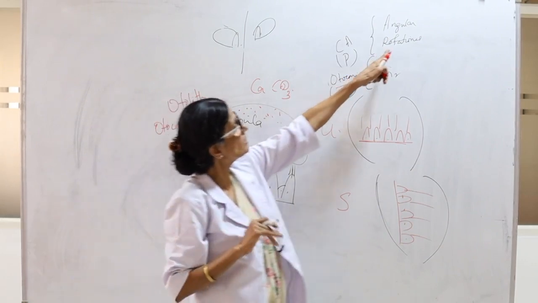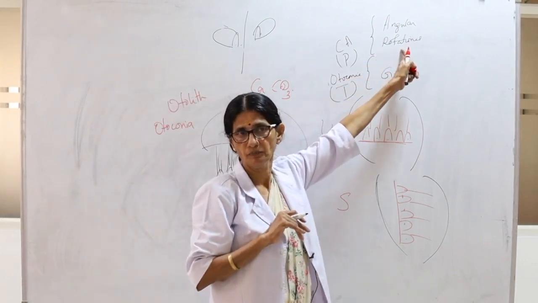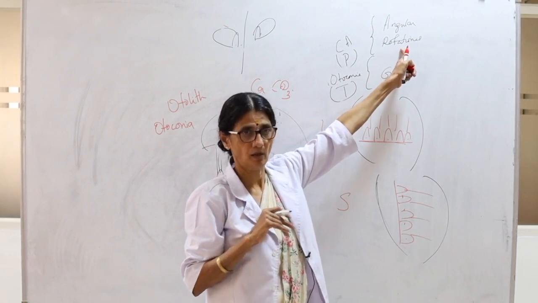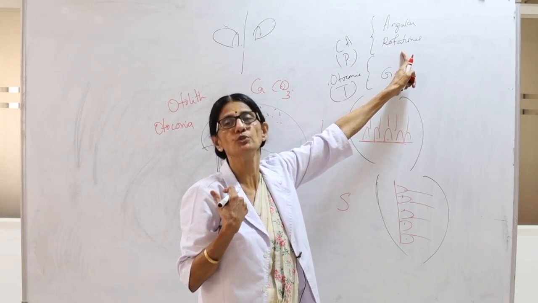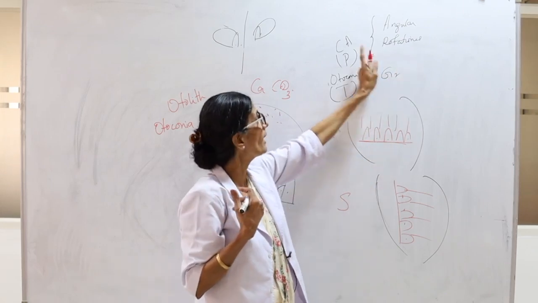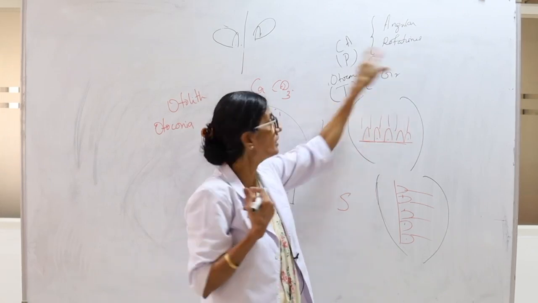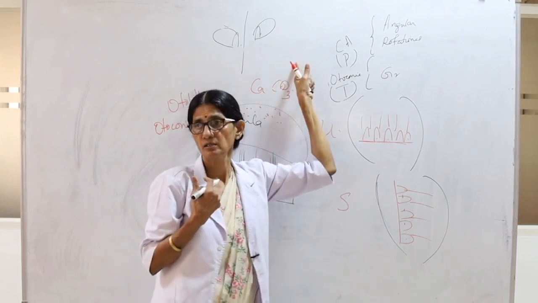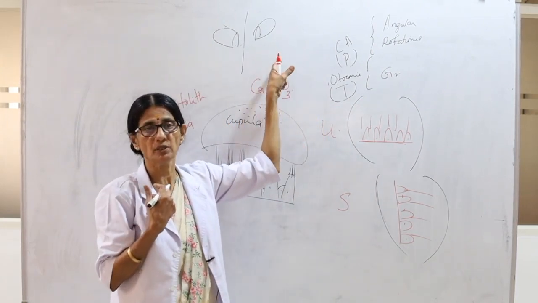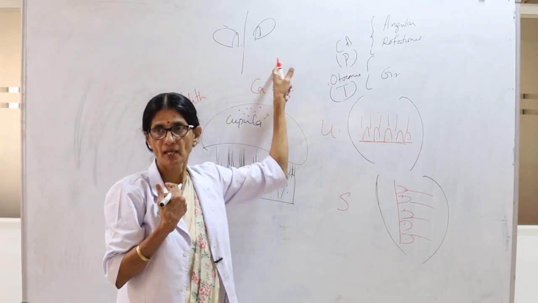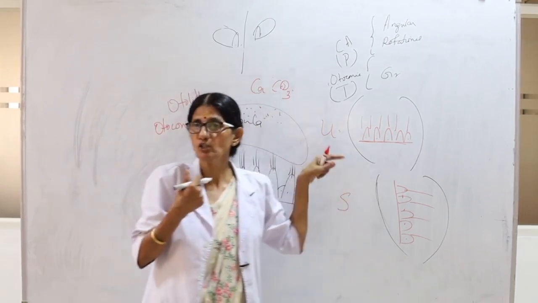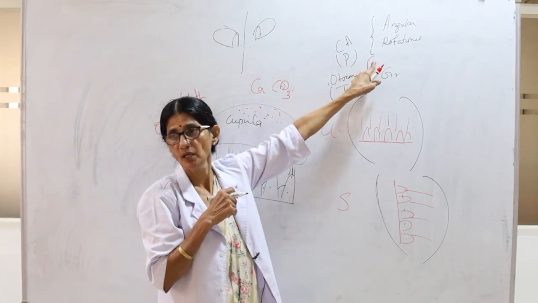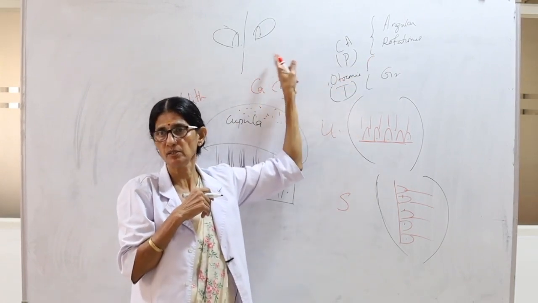Now when we consider angular acceleration, when a person nods the head saying yes, it goes in the anterior-posterior direction. That produces an angular acceleration that will stimulate the receptors in the semicircular canals. Even if the person says no by turning the head left to right, that is another angular acceleration that will stimulate these receptors.